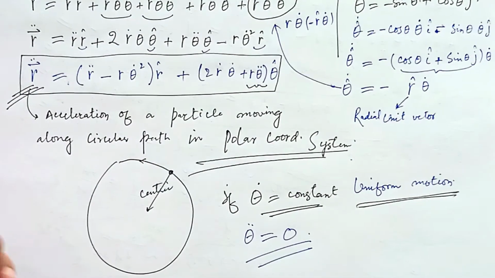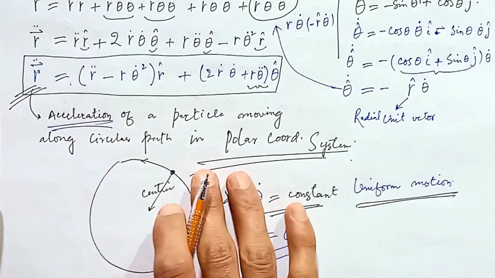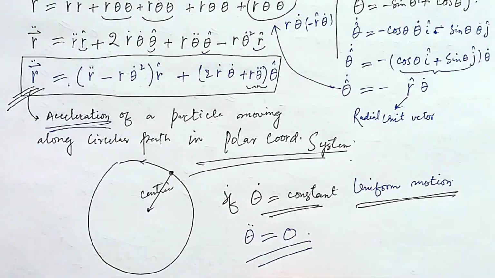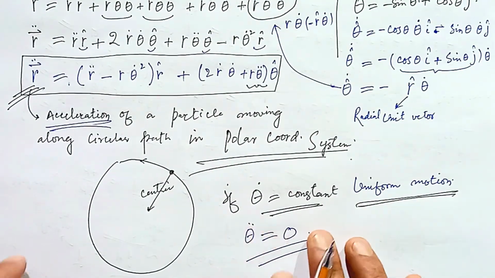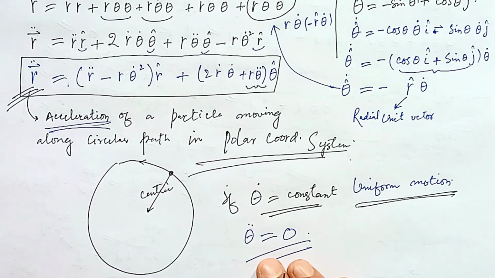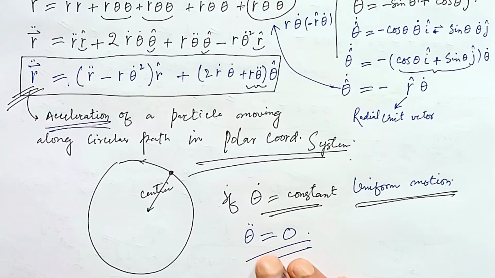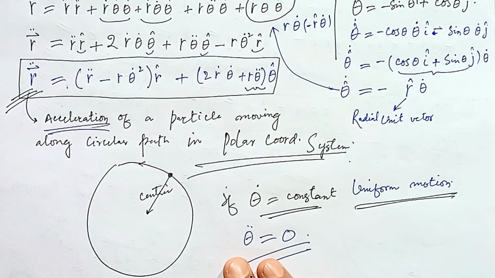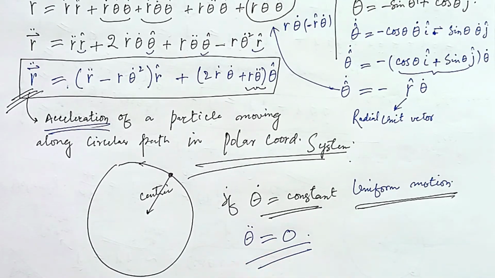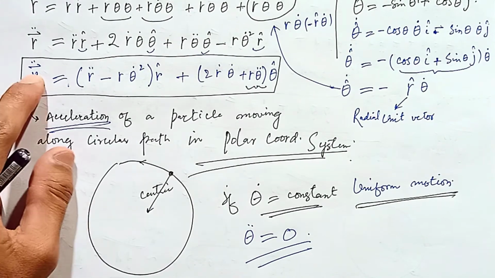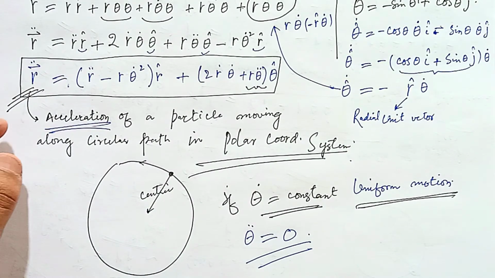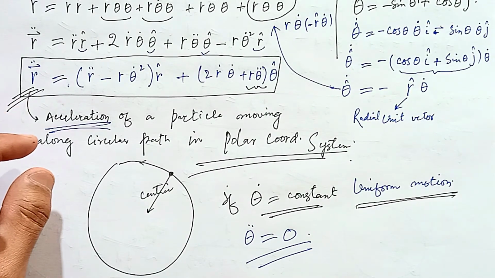So this is the acceleration of a particle along the circular path in polar coordinate system. You will come across these concepts at many places in physics, because rotation is a broad topic and is widely used in modern physics as well. So you have to be very cautious about how to differentiate all these things, how to calculate accelerations and velocities.